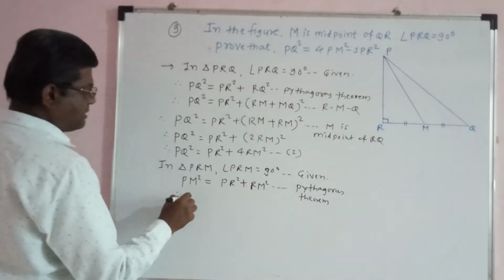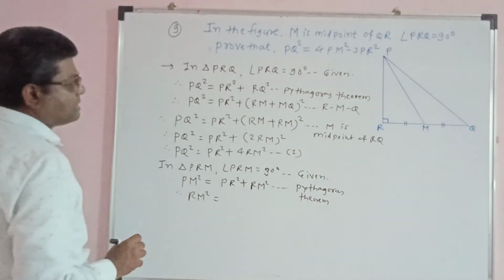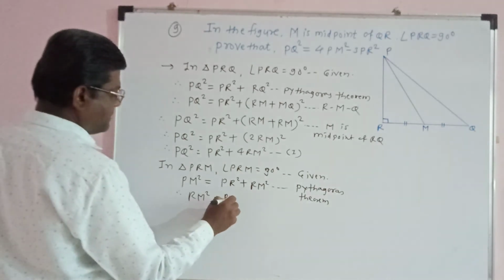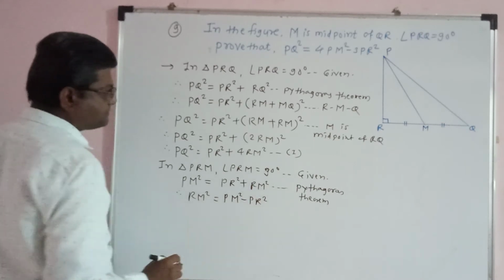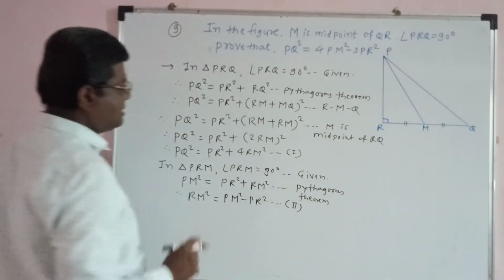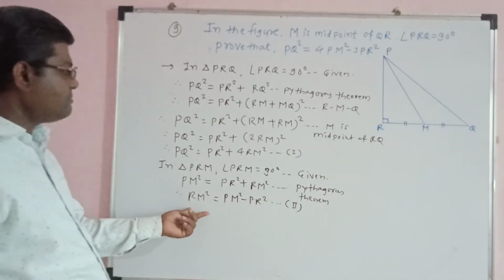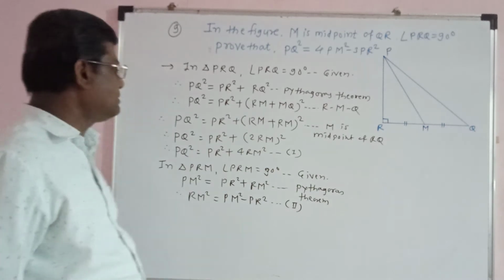From this we find the value of RM square. So RM square is equal to PM square minus PR square. This is equation number 2. Now put the value of RM square from equation 2 in equation 1.